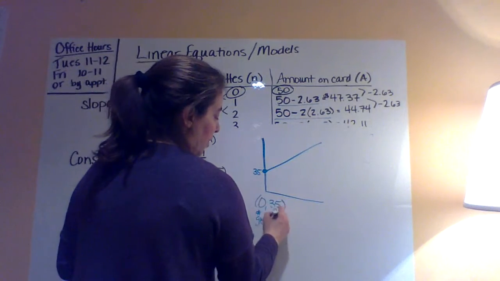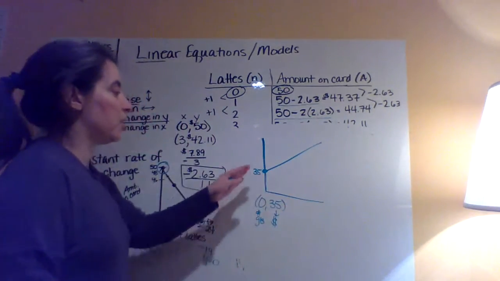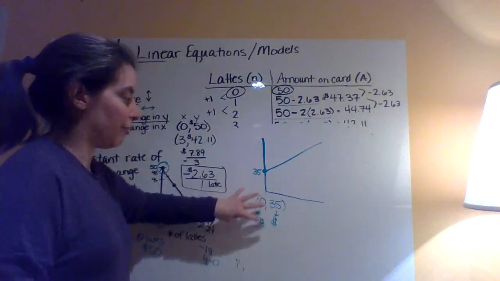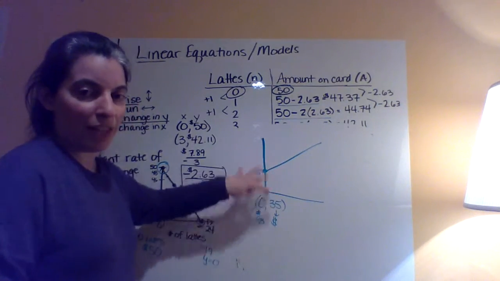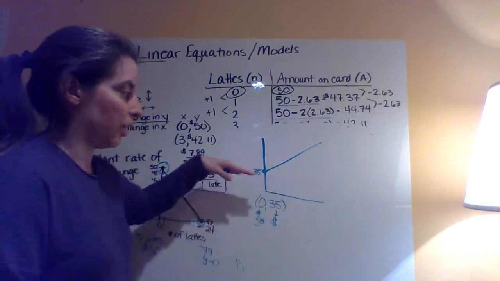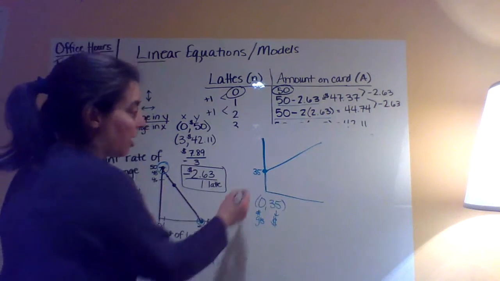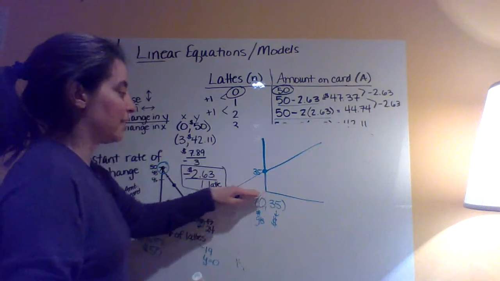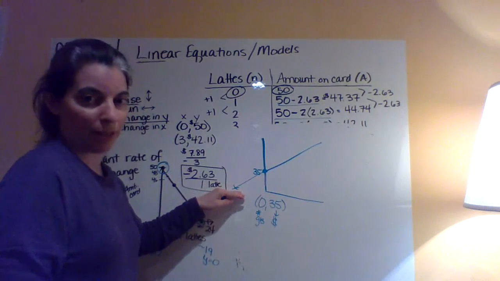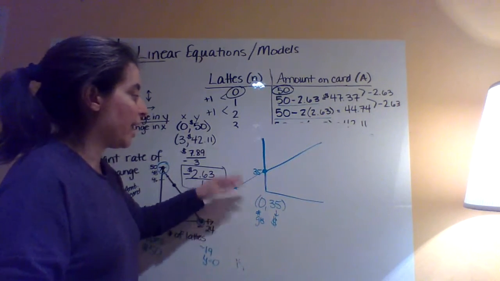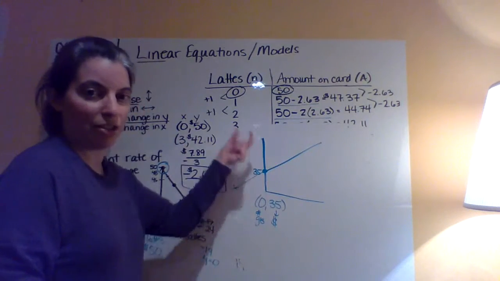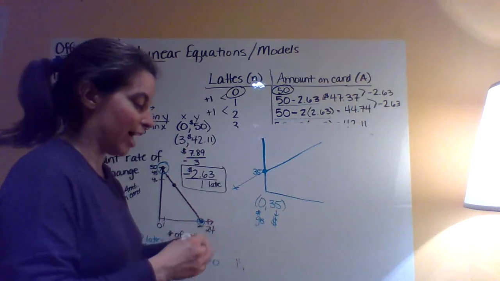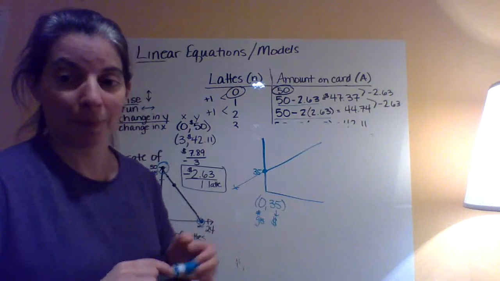This was the amount of money. So this is the starting amount of money even when I've used 0 gigabytes. Now in this case, there was no horizontal intercept on our graph, because if I followed this line back, it would have crossed back here, which really doesn't make sense because it would be a negative number of gigabytes. Basically, it's saying there's no way to have a bill of 0, because as soon as you sign up, you have to pay $35 even if you don't use anything.